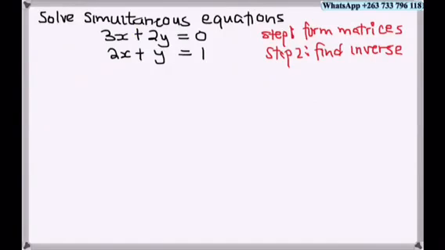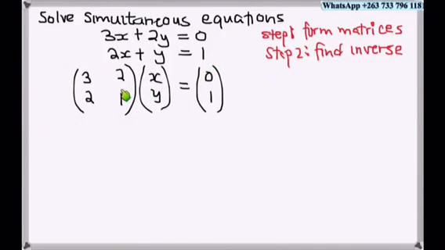Step number 2, then we find the inverse. So let's form a matrix here. You can see that we just take the coefficients. Then here we have a column matrix, or a column vector, with x and y, which is equal to another column matrix of answers, 0, 1. So here you must find the inverse, because we are dividing both sides by this matrix.